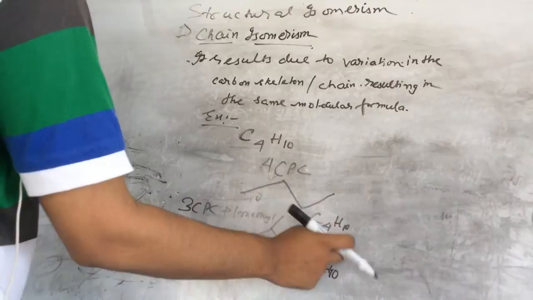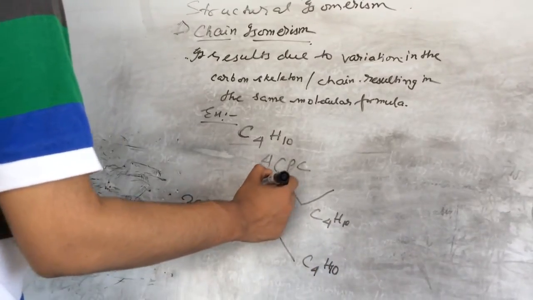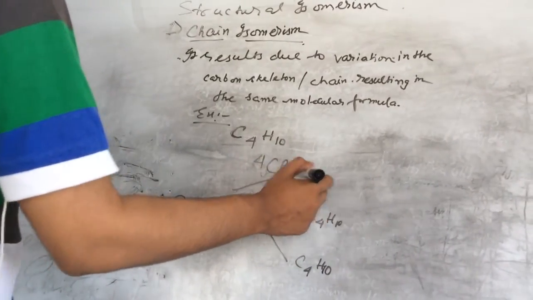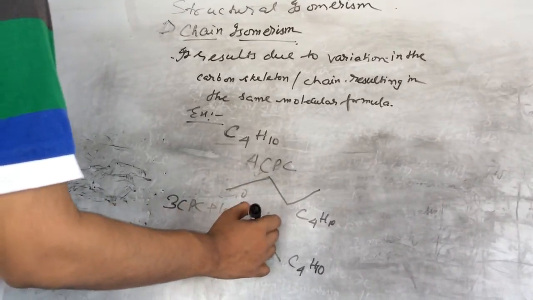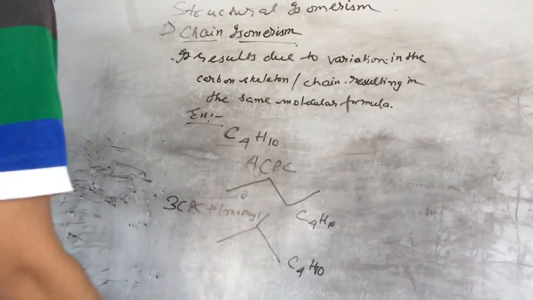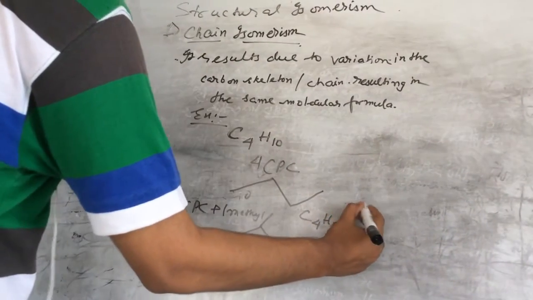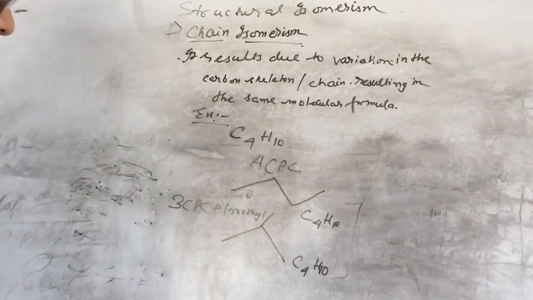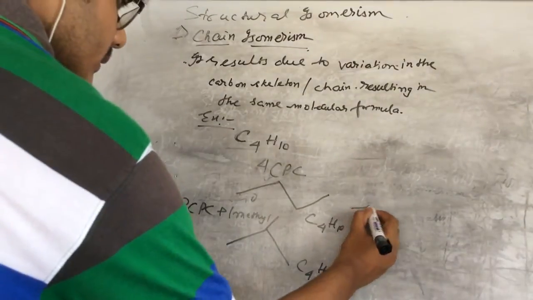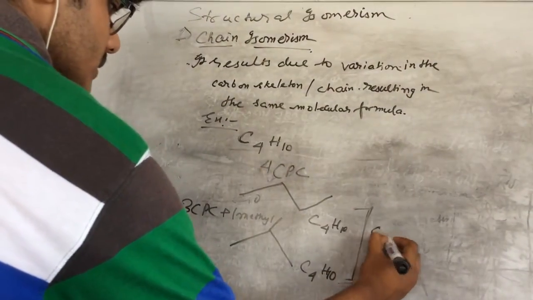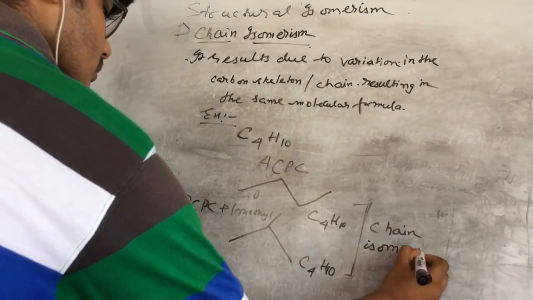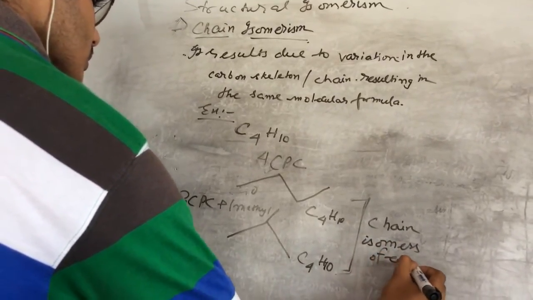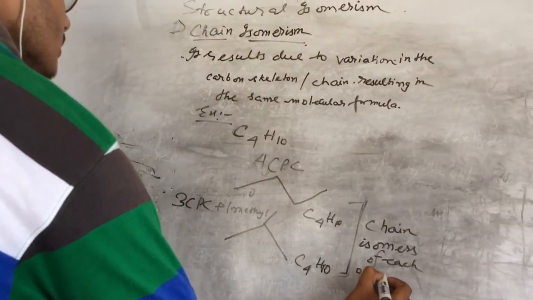Both are C4H10, but here it is a 4-membered carbon skeleton with no substituents, but here it is a 3-membered carbon skeleton with a methyl group, and these are chain isomers of each other.